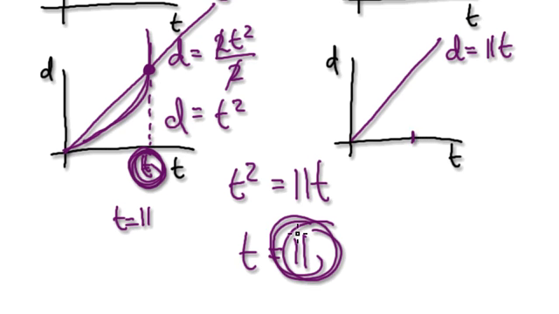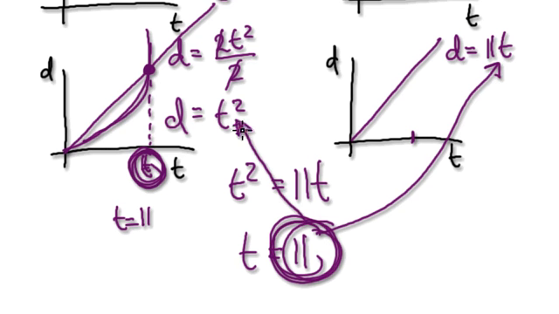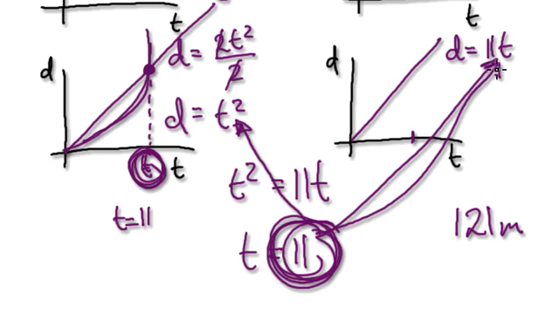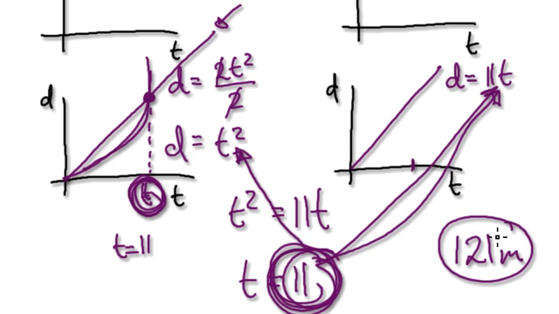In terms of distance, you can either put t into here, or you can put t into here, to get the distance. So the distance here will be 121 meters. If you put this into here, 11 times 11, car B would have traveled 121 meters.